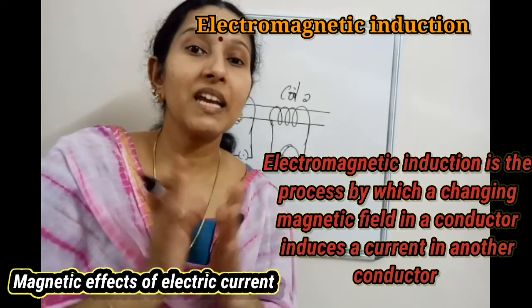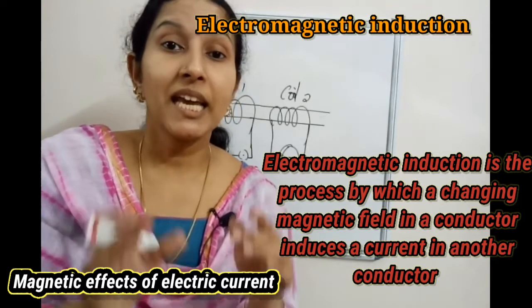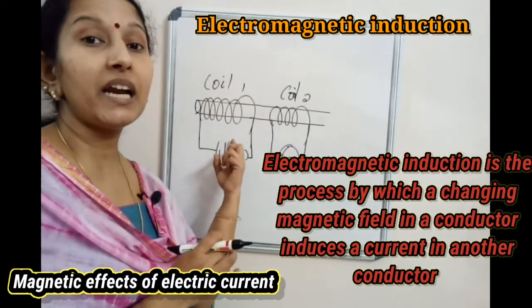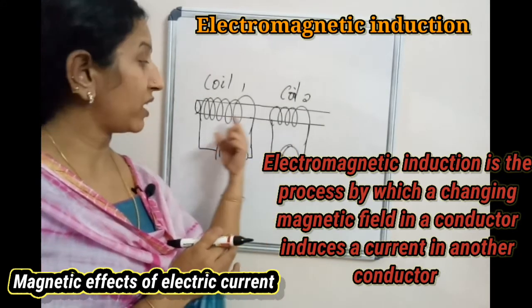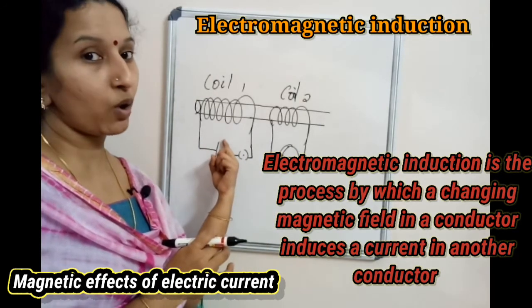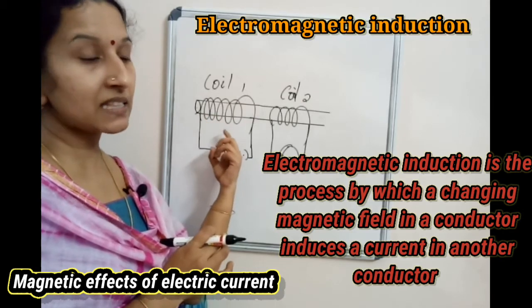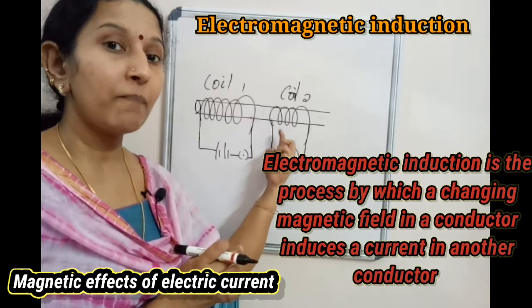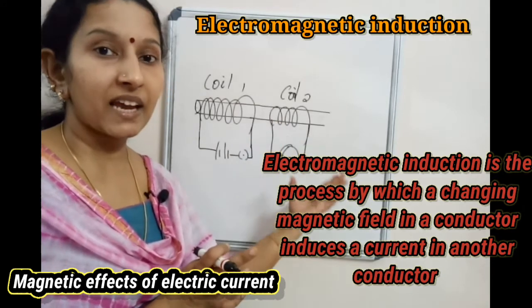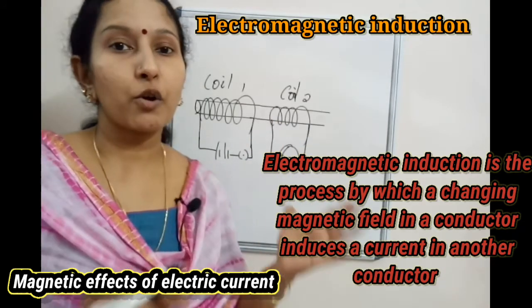So electromagnetic induction is the process by which a changing magnetic field induces a current in another conductor. When there is change in the current of the primary coil, the magnetic field changes. That changing magnetic field changes the magnetic field around the secondary coil. That change generates a current. That is electromagnetic induction.